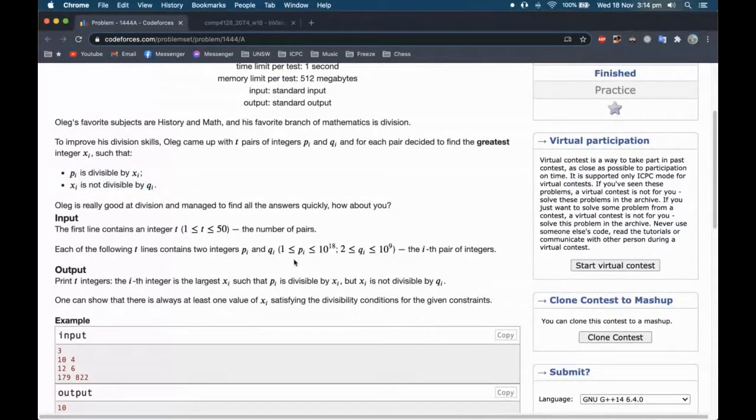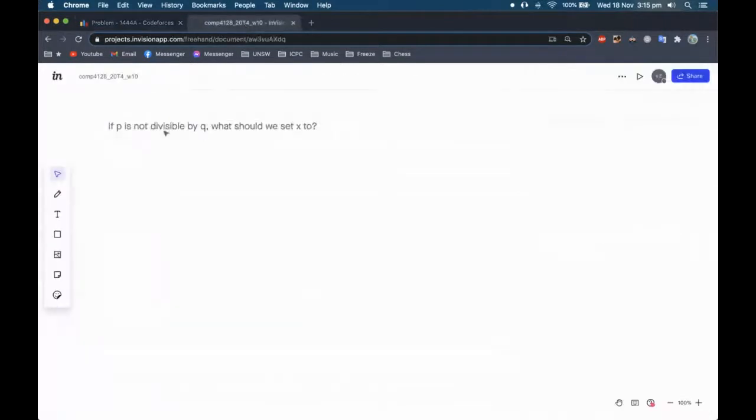Not only that, clearly since we're finding X that divides P, X is going to be smaller than or equal to P, right? So by choosing X equals P, this is going to be the maximum possible X for this result. So in other words, if P is not divisible by Q, then let X equal P. And that will be the maximum answer that we can get. Hopefully that makes sense.